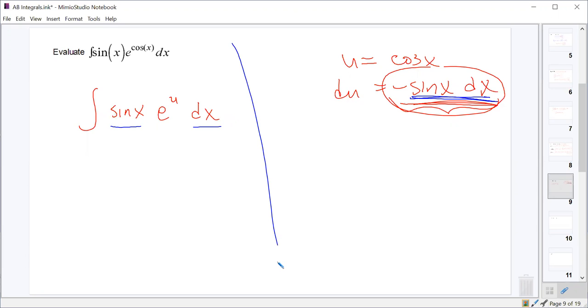Okay, so I'm going to do this two different ways here. First way is what somebody was just saying. We had sine x e to the u dx. Well, dx is equal to du divided by negative sine x. And so what would that give us?